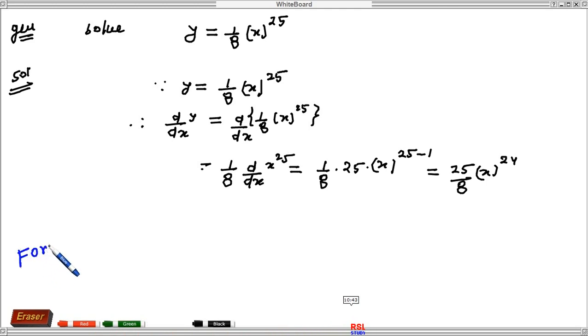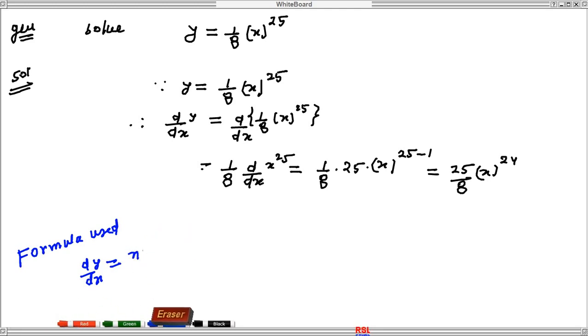The more questions you solve, the more confidence you will get over calculus. But calculus is such a thing that if you practice less, you will short circuit as far as command over calculus is concerned. The generally used formula in this concept is y equal to x power n.